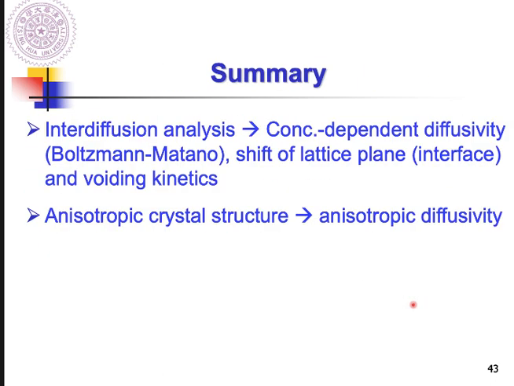Okay, so I'm going to give you a summary. Interdiffusion, when we have a diffusion couple, and interdiffusion analysis means when you measure the concentration profile of the diffusing atoms, you can determine based on that profile whether the diffusivity in your system is concentration dependent or not.